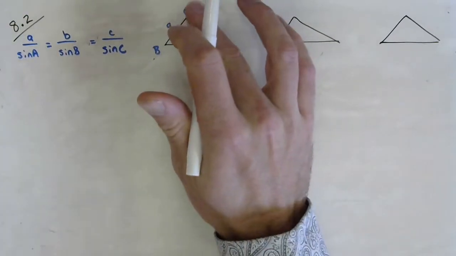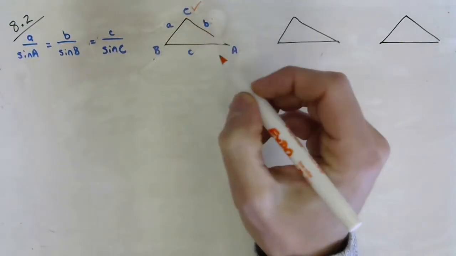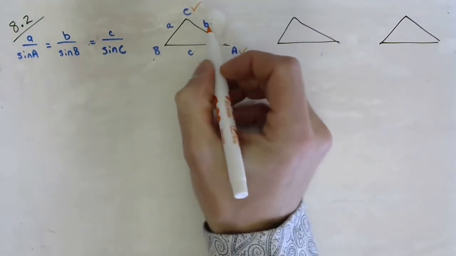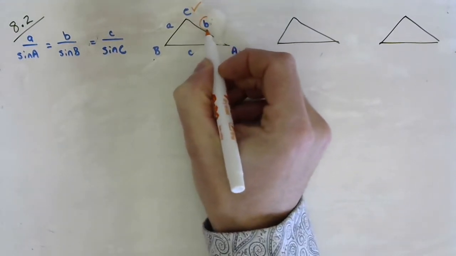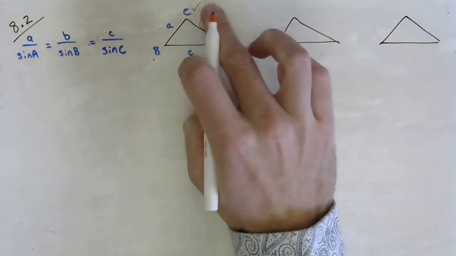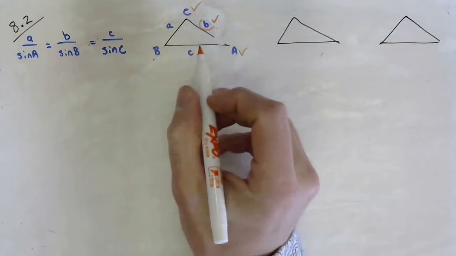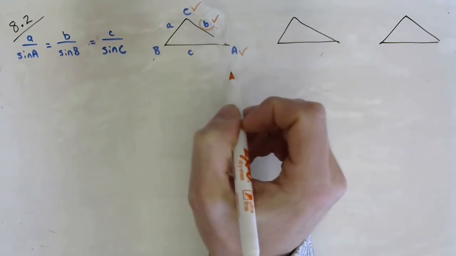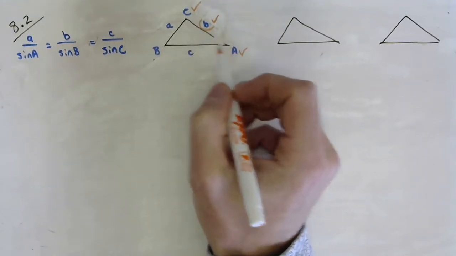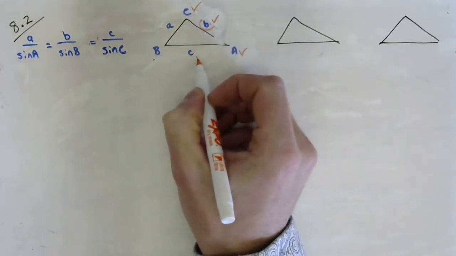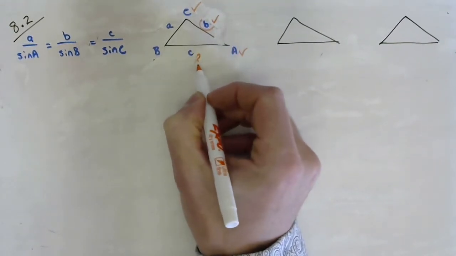Okay, what about this situation? What if I have angle C, angle A, and side length B? Could I solve for angle or side length C?